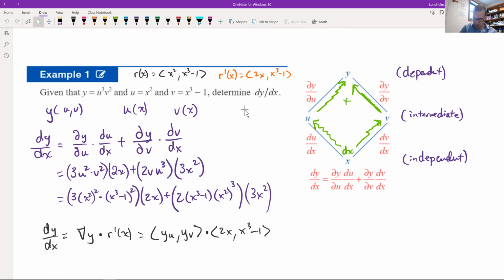And so, notice if we actually compute those partial derivatives like we did before, the partial derivative with respect to u was 3u squared v squared, and the partial derivative of y with respect to v was 2u cubed times v.